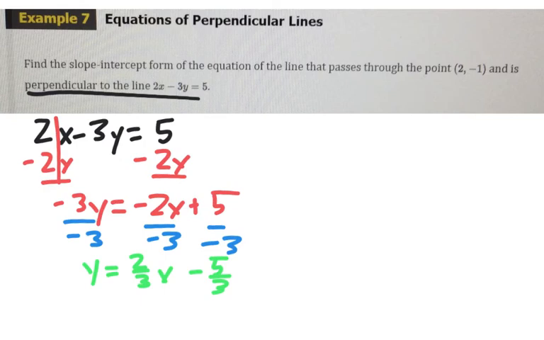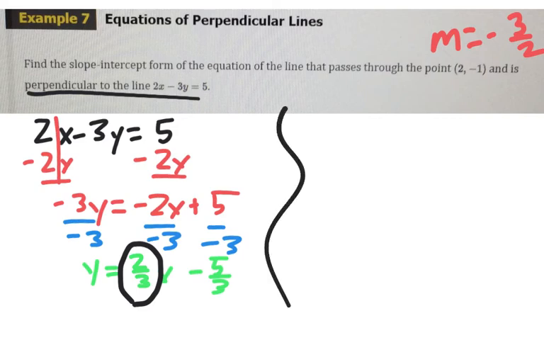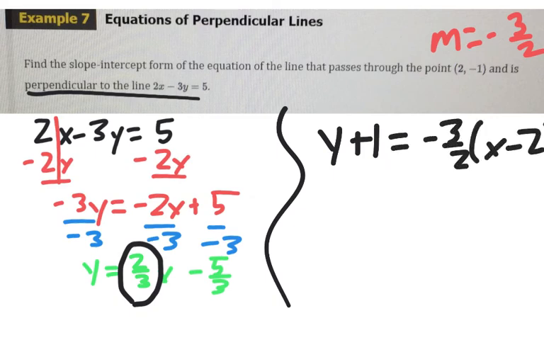So now what do I know? I know that my line is perpendicular to this line. So if that line's slope is 2/3, my line's slope is -3/2. It's the opposite reciprocal. Change the sign, flip the fraction. Now it follows the same pattern. I know the slope and a point. I'm going to put it in point-slope form. y minus y1 equals m times x minus x1.